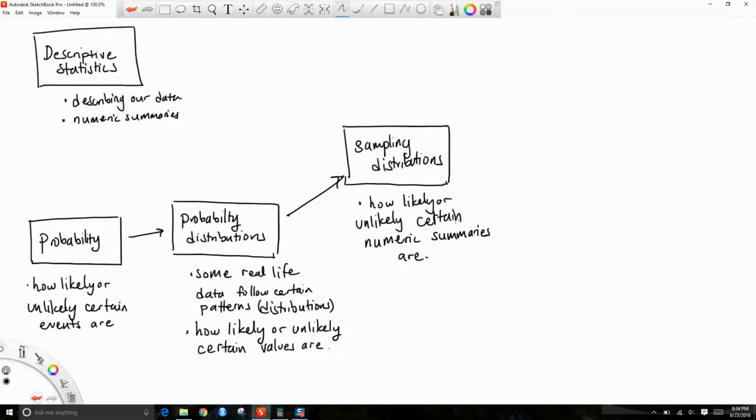Okay? And so we will tie our understanding of descriptive statistics and sampling distributions together. Descriptive statistics tell us how to calculate numeric summaries, and sampling distributions will tell us how likely or unlikely certain numeric summaries are. We tie those together for statistical inference.